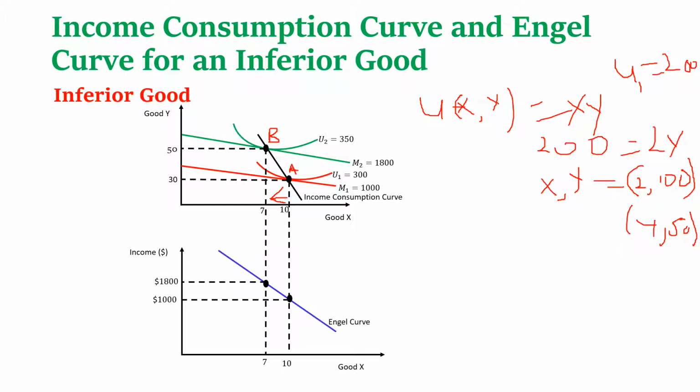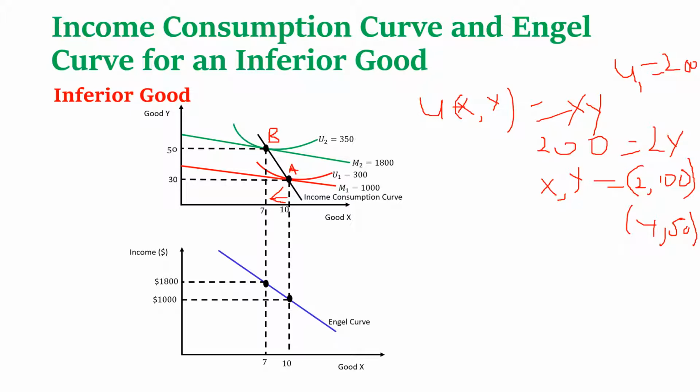So as a matter of fact, the income consumption curve is going to be downward sloping. If we trace all those points of tangency between the indifference curves and the budget line, we're going to have an Engel curve here, which is downward sloping.